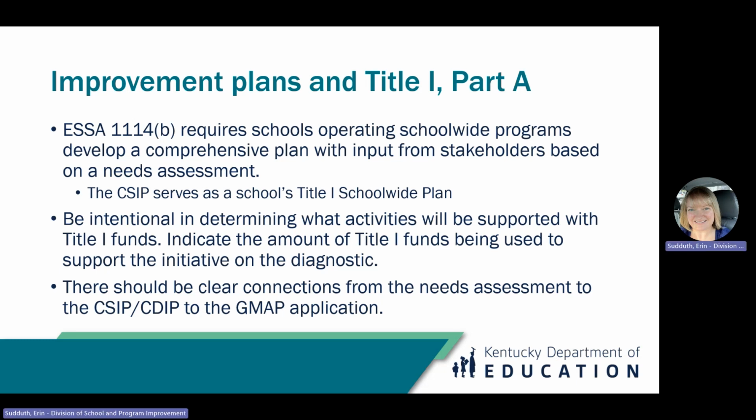If Title I funds and an amount have been listed on the CSIP or CDIP, there's not a lot of room for ambiguity. It's pretty clear that Title I should be supporting that specific initiative. We should see other funding sources on the documents as well. This helps support the collaboration and coordination between programs.